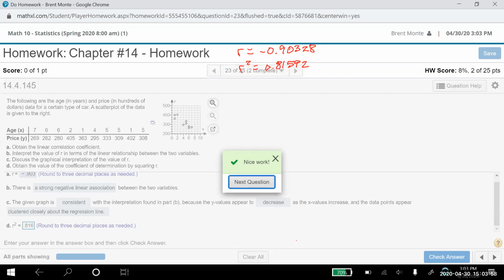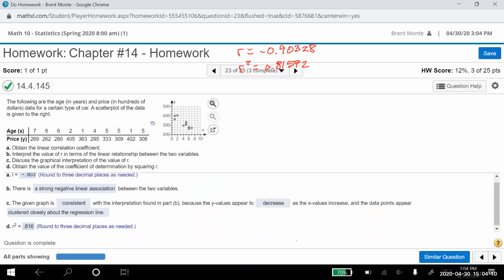So now I do want you to be able to explain what R is, which they had us explain in part C, but I also want you to be able to explain part D, what R squared is. So let's explain that. So I'm going to take that number. So we're taking this, R squared equals 0.816, and we're going to explain what it is.